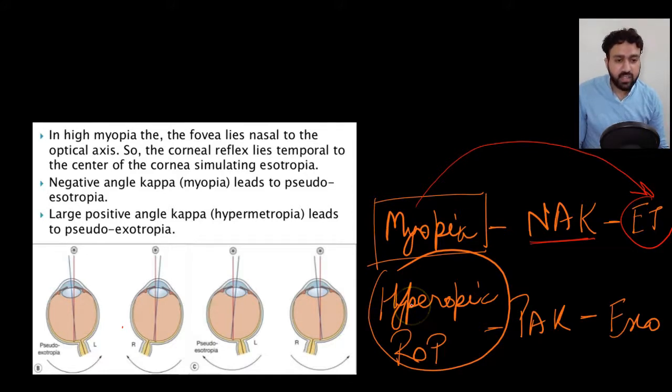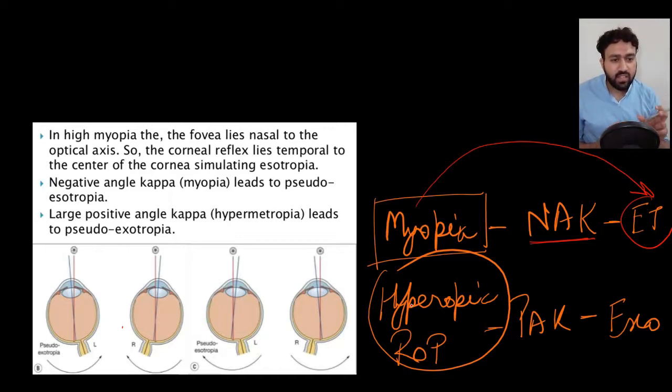On the other hand, if there is hyperopia, or even in retinopathy of prematurity, the fovea is dragged temporally. When the fovea is dragged temporally, the corneal reflex is displaced nasally.